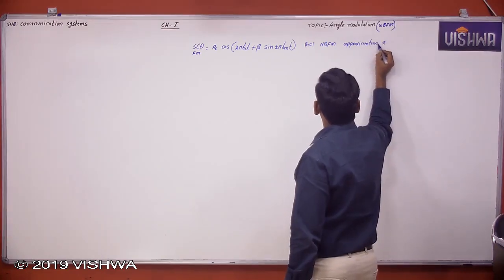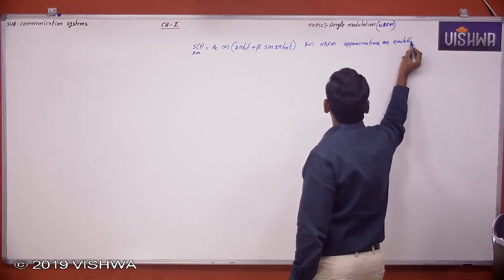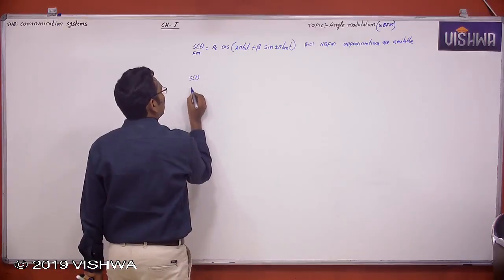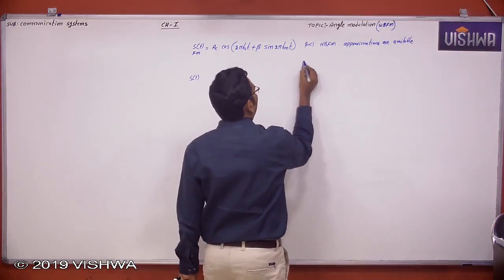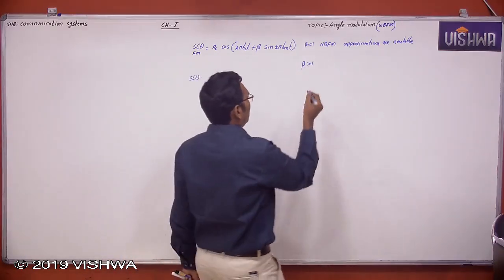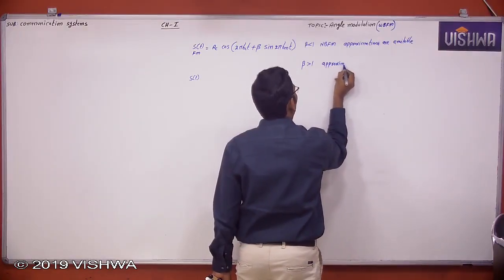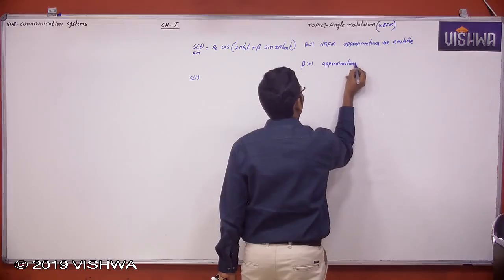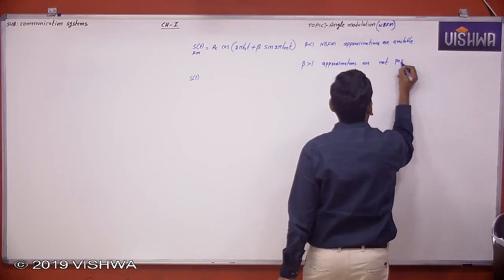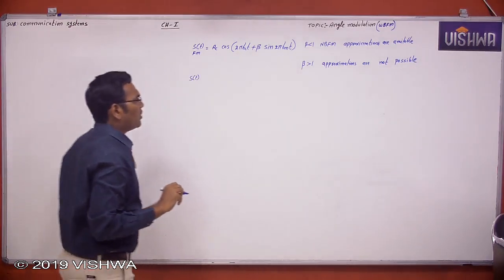When beta is greater than 1, approximations are not possible.